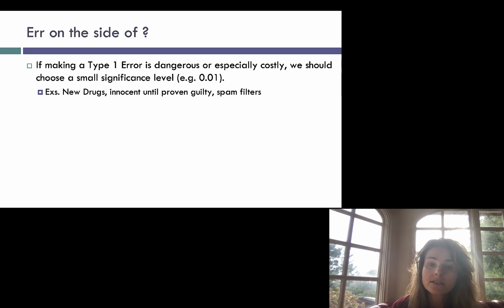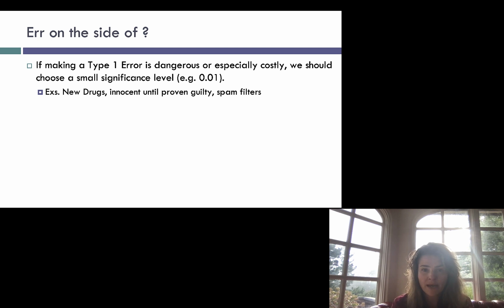We should make our decision about our significance level in part based on how dangerous or costly that type 1 error or type 2 error are. If making a type 1 error is especially dangerous or costly, so for things like new drugs, we often set these kinds of levels of significance, then we would set a very small significance level.